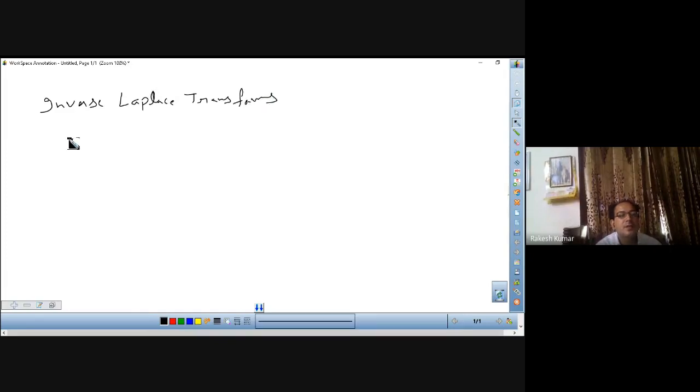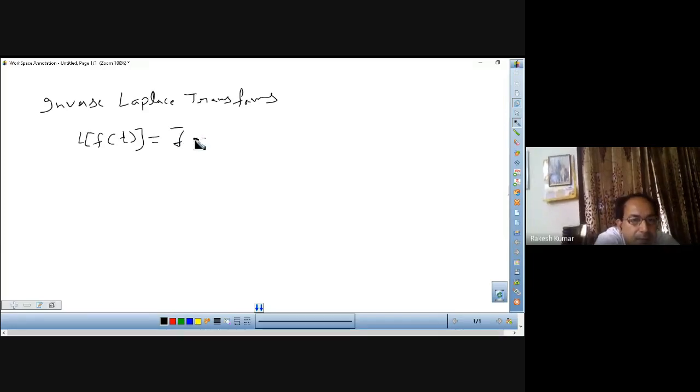And as we have seen, the Laplace of a function of t is f bar s. This was your standard definition of Laplace of f of t. This is f bar, a function of parameter s.